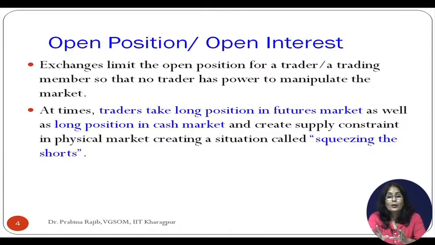And when the contract approaches maturity, if they would like to take delivery, the short futures position holders have to buy the underlying from somewhere and give it to the exchange as part of the delivery. So anyway, these long position holders by that time have already cornered the market, and cornering the physical market means they are now owning the underlying assets, and there is not much of the underlying asset available in the spot market. So what happens? A price rise happens in the spot market.